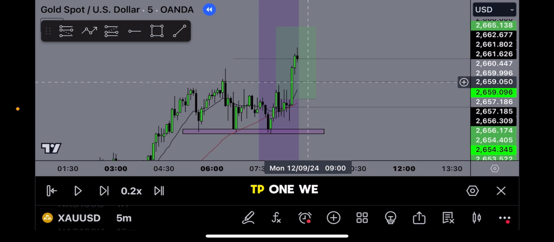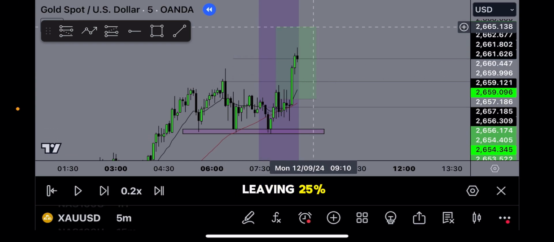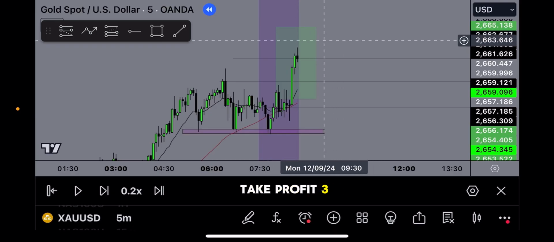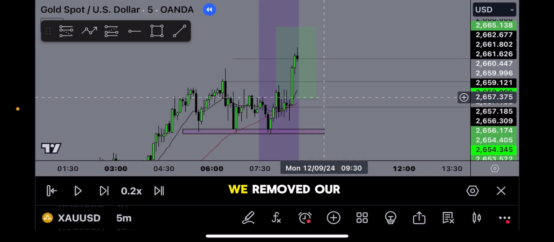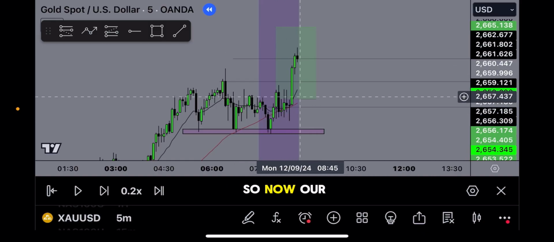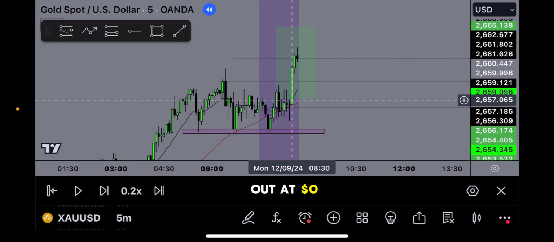We closed out TP1, we closed out TP2, and now we're leaving the remaining 25% of the trade to hit take profit 3, and like that we maximize our winning trade. And we removed our risk, so now our risk is up here at $0. So if price comes down, it closes us out at $0, not taking a loss.